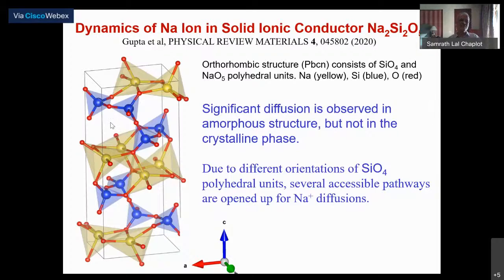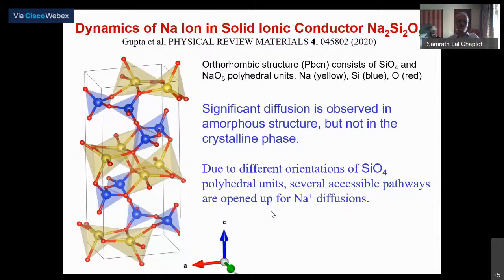In a liquid, each atom is not at a local minimum of the energy, whereas in the amorphous structure, the atom would be at a local minimum of energy at very low temperature. Now in such a structure, which is full of a variety of defects, you can get diffusion.